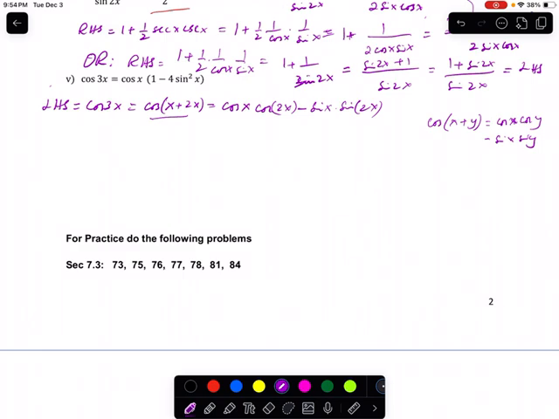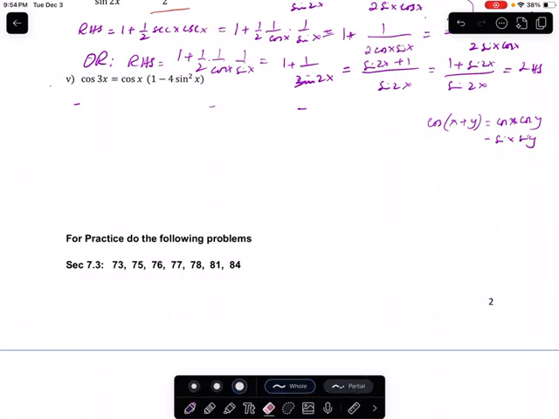Okay, I should have used a different pen color so that this doesn't get mixed. So let me use a different color. So I start with left hand side, which is cosine 3x.